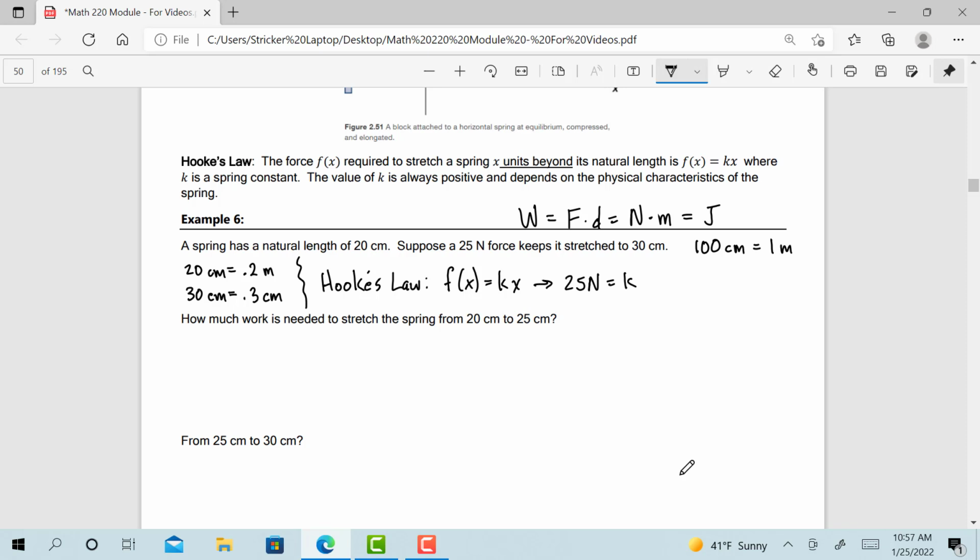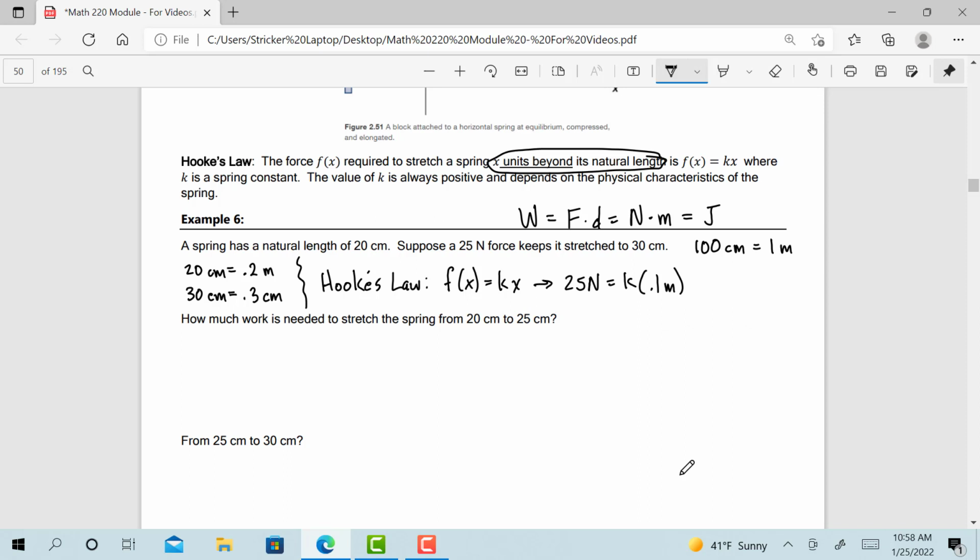Remember, x is the units that the spring is stretched beyond its natural length. It is stretched to 30 centimeters, but its natural length was 20 centimeters. So 30 minus 20 is 10 centimeters, or 0.1 meters. So our x is going to be 0.1 meters, or 10 centimeters.